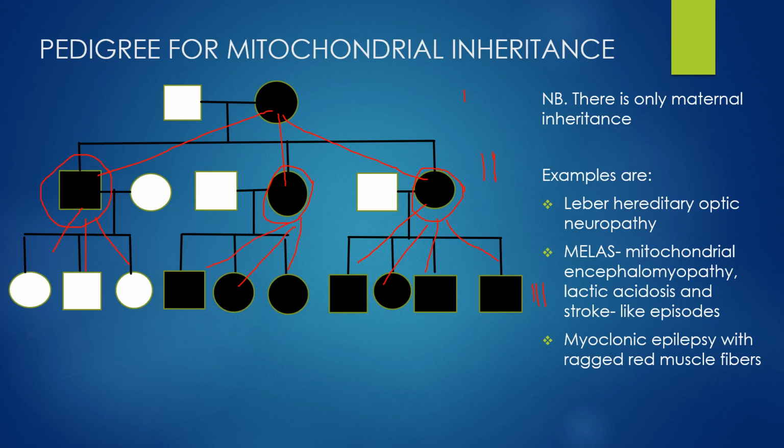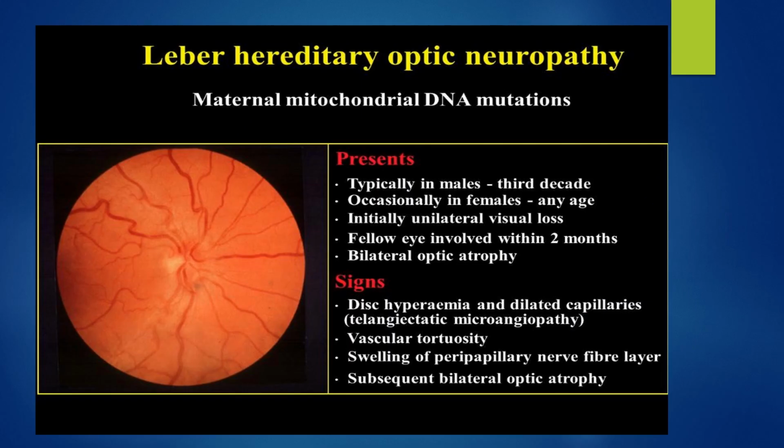So mitochondrial inheritance is purely from the mother's side. Now, some examples of mitochondrial diseases are Leber hereditary optic neuropathy. We have MELAS, that stands for mitochondrial encephalomyopathy, lactic acidosis, and stroke-like episodes, and myoclonic epilepsy with ragged red muscle fibers. This is just some symptoms of Leber hereditary optic neuropathy.